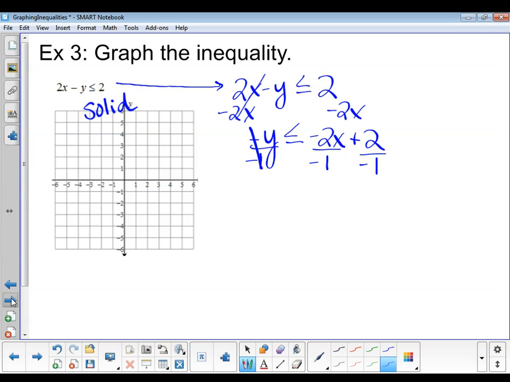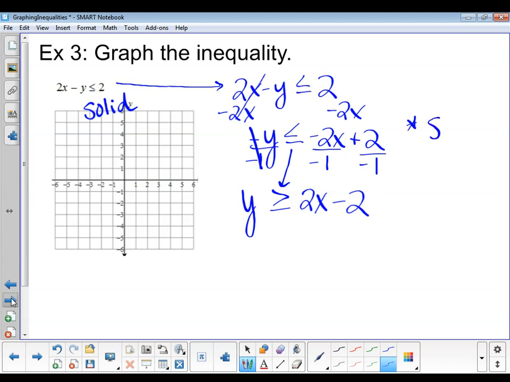In an inequality, when you divide by a negative number, whether it's a negative 1 like I did here, or a negative 2 or a negative 3, the inequality changes the direction that it opens. So instead of a less than or equal to, this is going to be a greater than or equal to. So y is greater than or equal to a positive 2x minus 2.